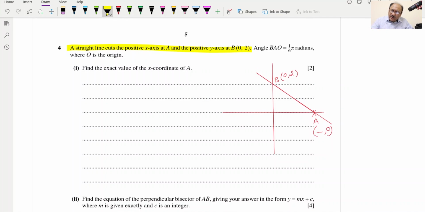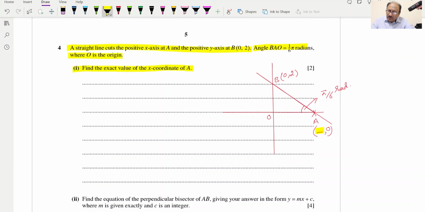Now they are saying angle BAO, where O is the origin, is this angle, and they have provided it as pi over 6 radians. Find the exact value of the x coordinate of A. So the x coordinate of A is required.